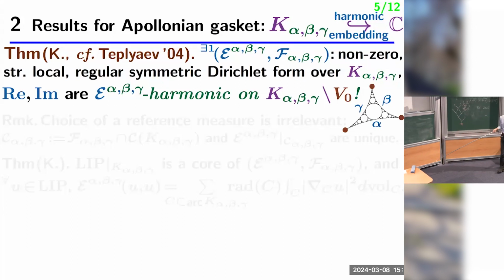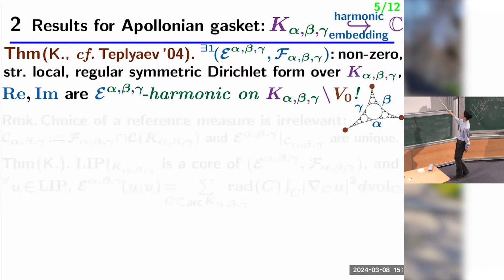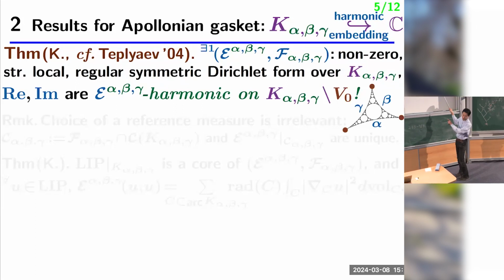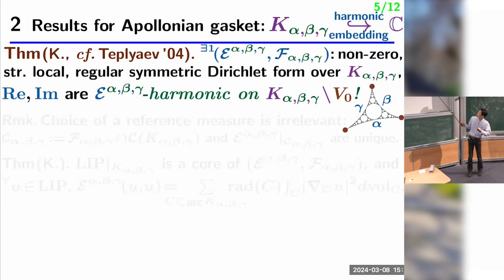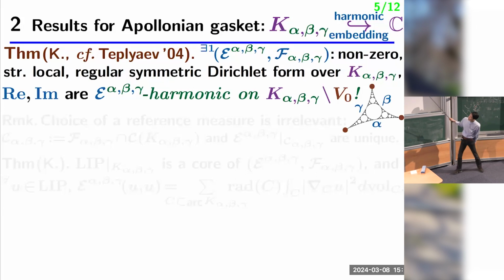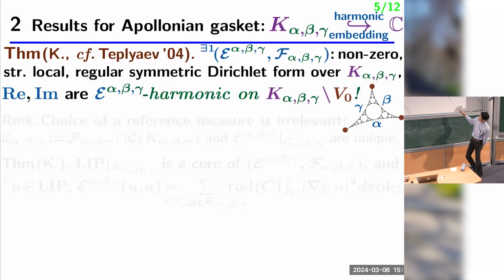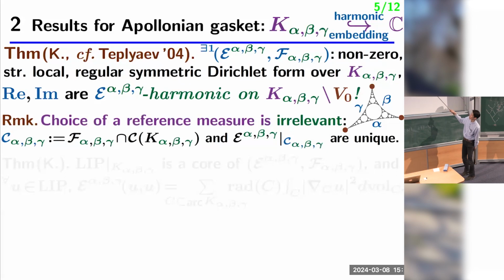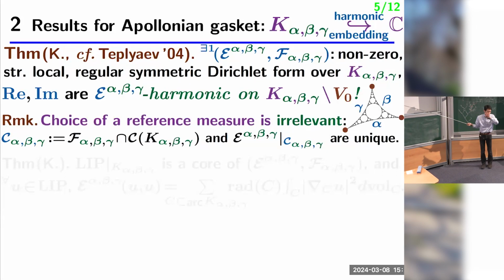To be very precise, I haven't yet specified which reference measure to equip this fractal with. The notion of Dirichlet form doesn't make sense without a reference measure on the state space. So to be precise, one should specify the choice of the reference measure. But at the stage of this statement, the choice of the reference measure is not important.